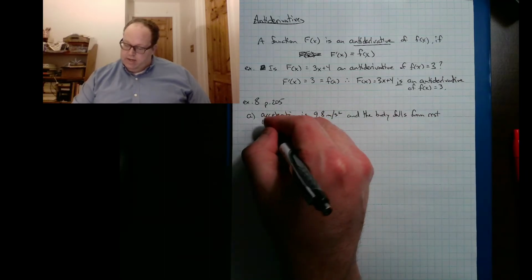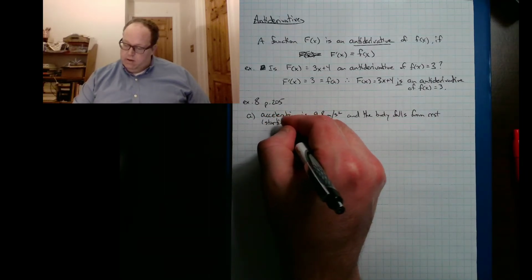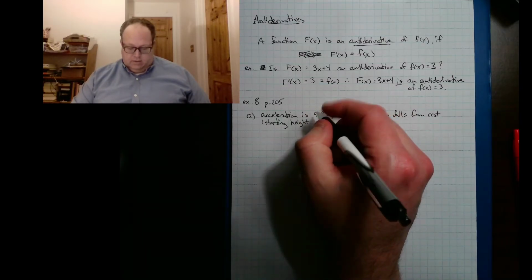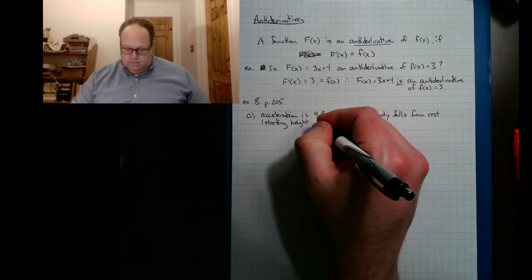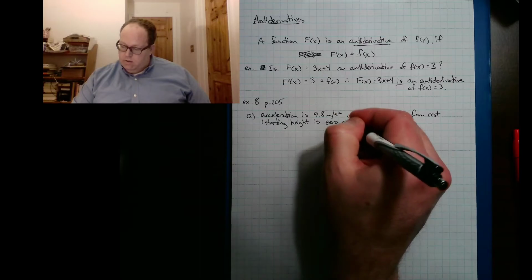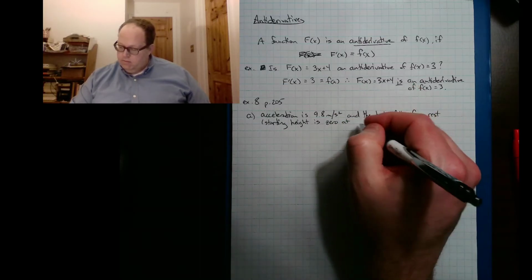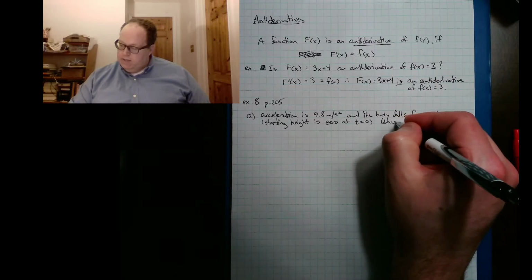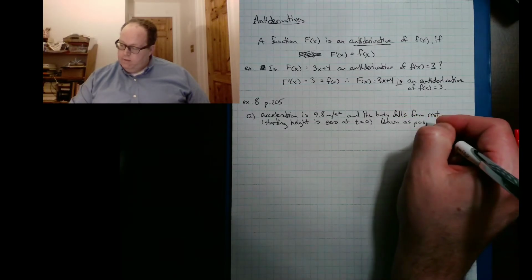And our starting height is 0 at t equals 0. And we're also taking down as positive.